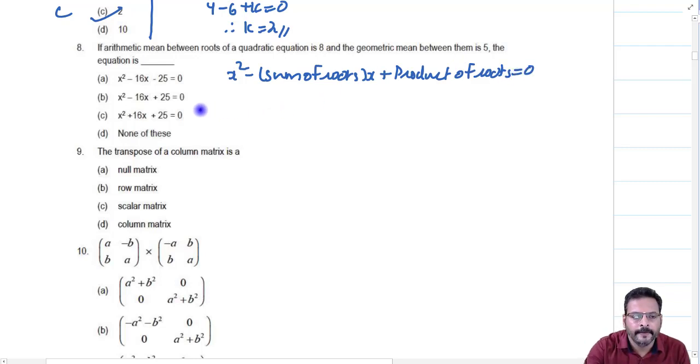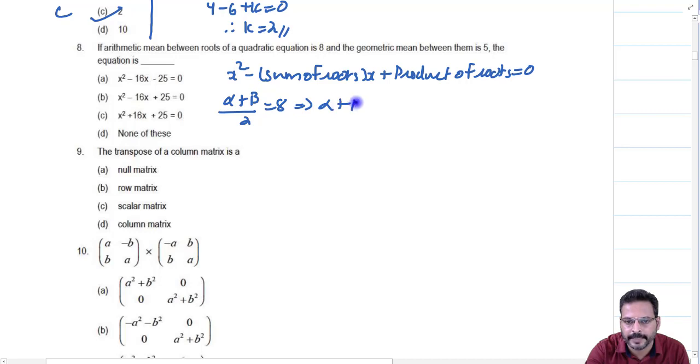Okay. Here the arithmetic mean between roots. Let alpha, beta be the roots. That implies alpha plus beta divided by 2 is equal to 8. That implies alpha plus beta, sum of roots, will be equal to 8 into 2 equal to 16. Then the geometric mean, that means root of alpha beta is equal to 5.